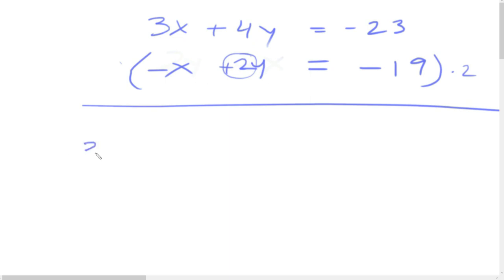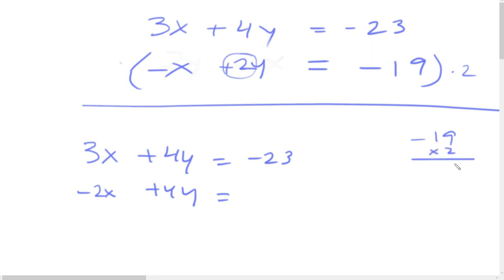So then I'll have 3x plus 4y equals negative 23. And the bottom equation will be negative 2x plus 4y is equal to negative 19 times 2, which is negative 38. Okay.